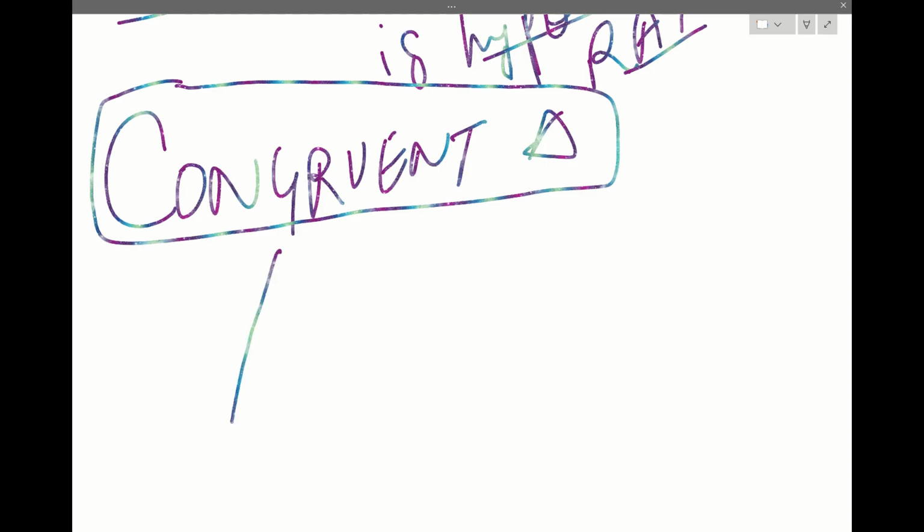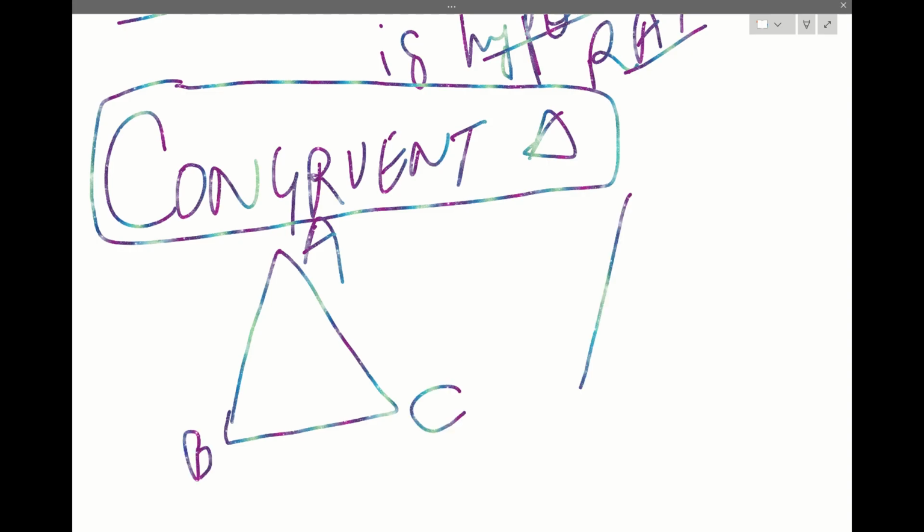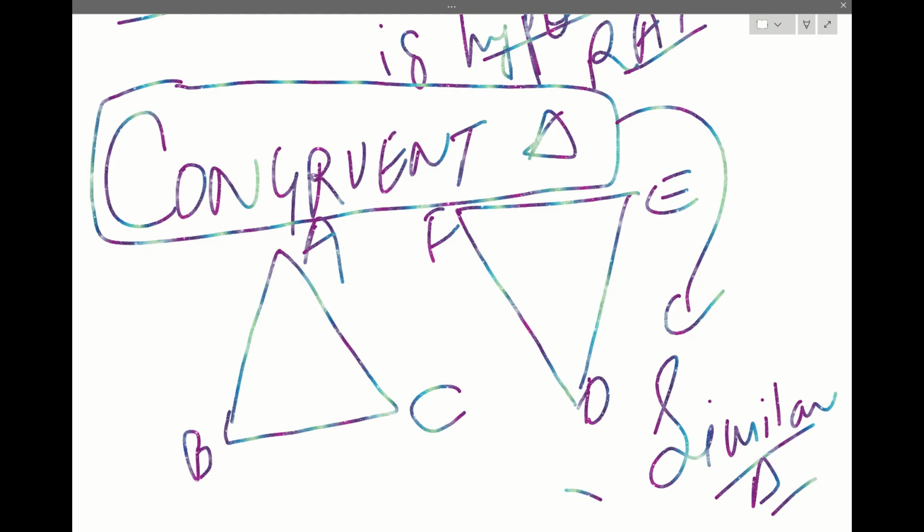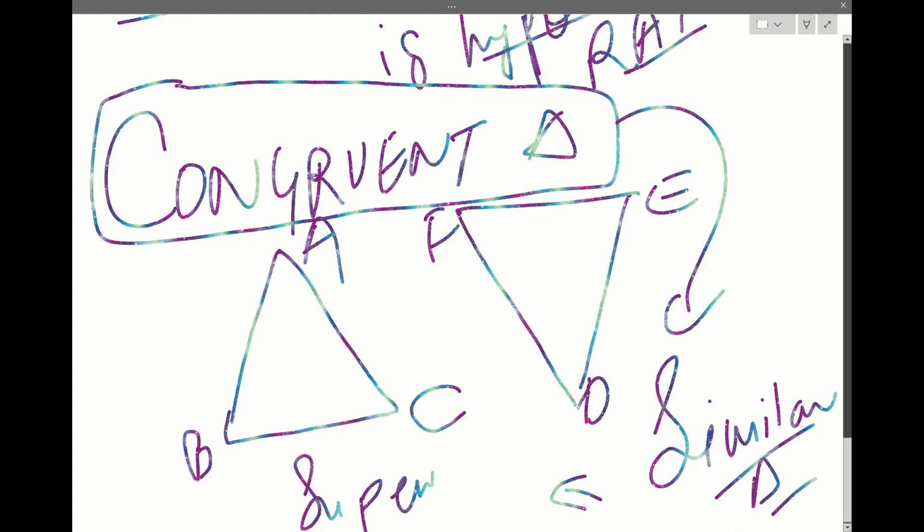Congruent triangles, there are two triangles, A, B, C and D, E, F. So basically, congruent triangles are similar triangles, which means one can be superimposed on the other. Such a triangle can be superimposed.